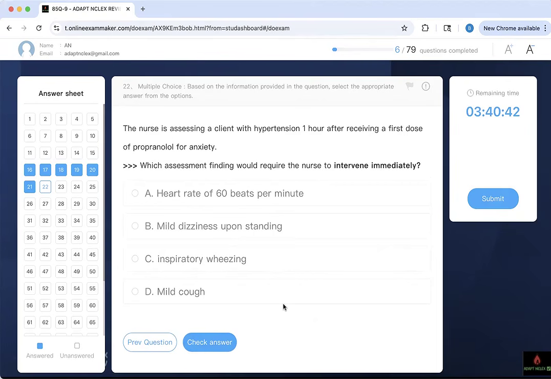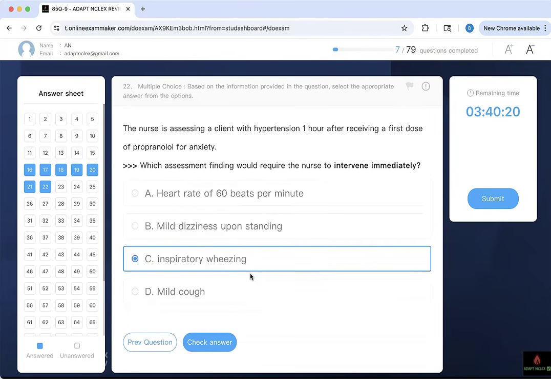Therefore, if you know it's a side effect, pick an answer that relates to side effect. Heart rate is 60. Dizziness upon standing. Inspiratory wheezing. Mild cough. What do you think? Do you pick an answer? I can tell you, wheezing is an unexpected finding. Therefore, that's the right answer.